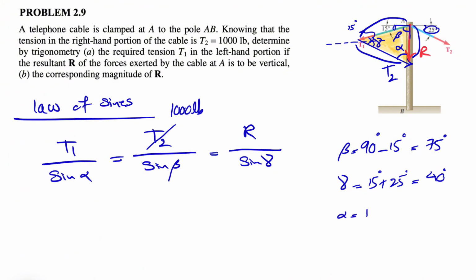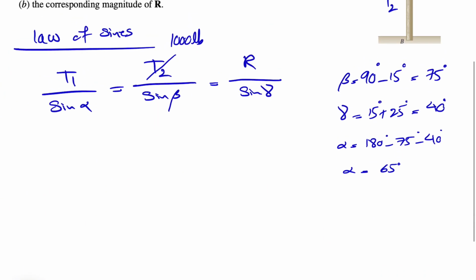Now alpha is pretty easy. You have 180 minus 75 minus 40 degrees, so alpha would be 180 minus 115, or 65 degrees.